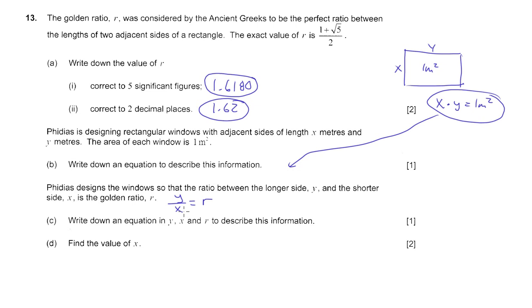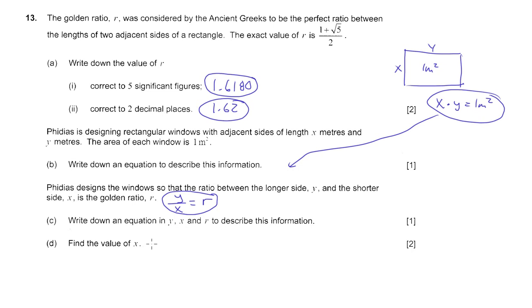Because if you had the smaller number over the bigger number, it would be less than 1. Since it's more than 1, it's got to be the big over the small. Okay. I think that's all we need for that. Write down an equation in y, x, and r to describe this information. Oh, that's what we just did there. I got a little ahead of myself, sorry.